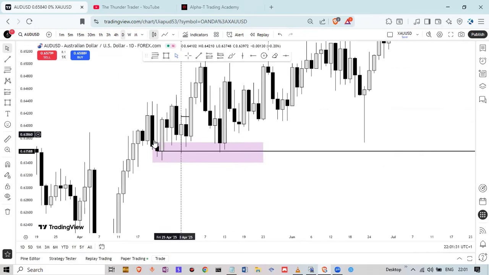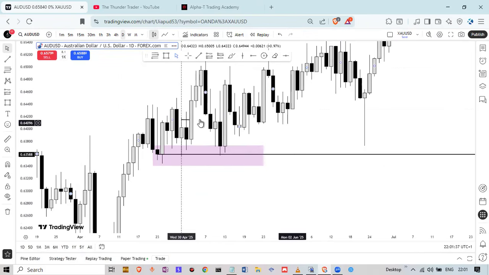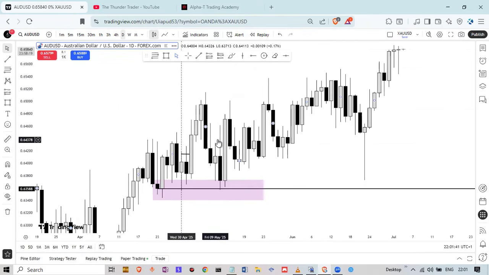We went down to the 4 hour time frame to make our entry. Then to take our exits, we have to go back again to the daily time frame to look for a level where we can go back down to the 4 hour time frame again to look for an exit.